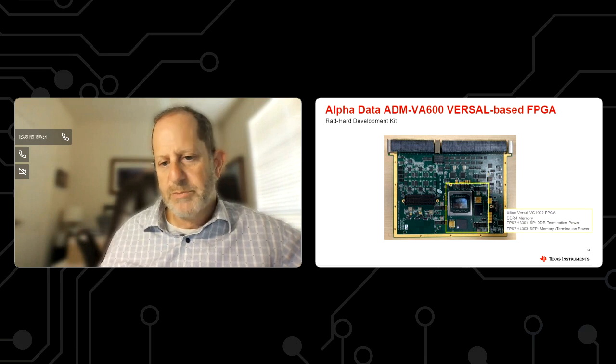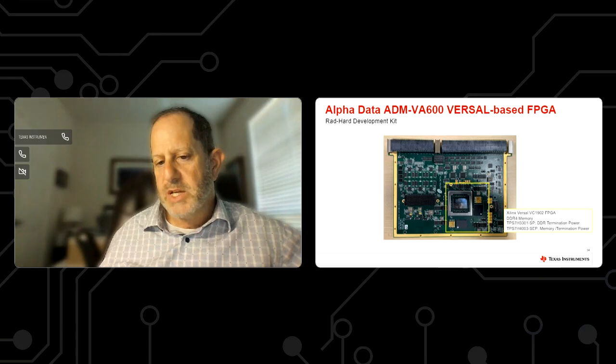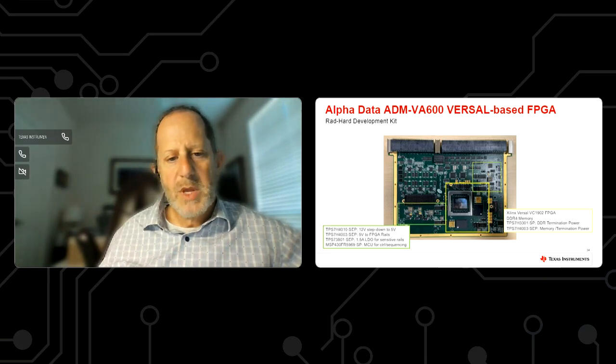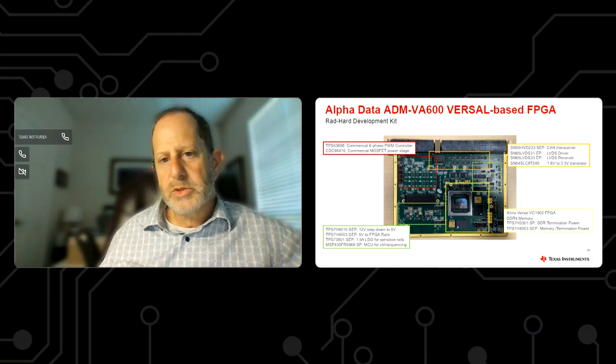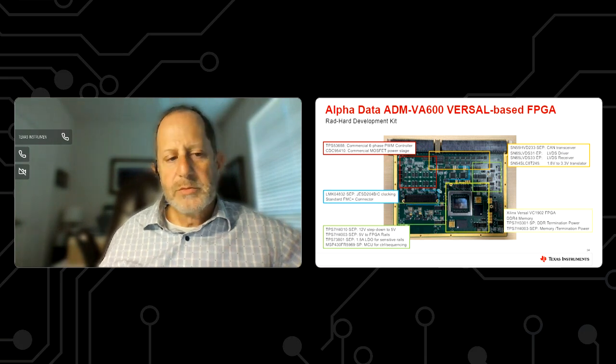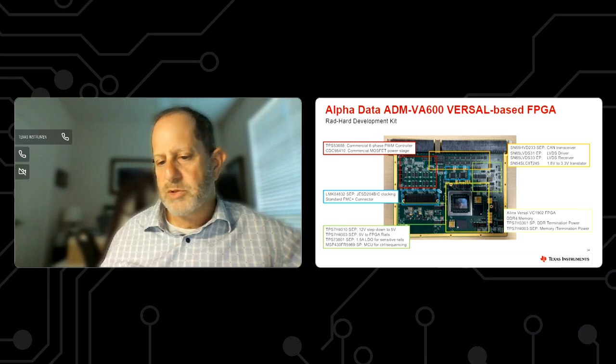We've got the Versal FPGA device, some of the DDR termination power devices here for supporting that, more power solutions and microprocessor solutions, controllers, interface type parts and LVDS drivers and receivers, translators, and certainly same part that we've seen before, the LMK04832 for generating a lot of clock distribution solutions.